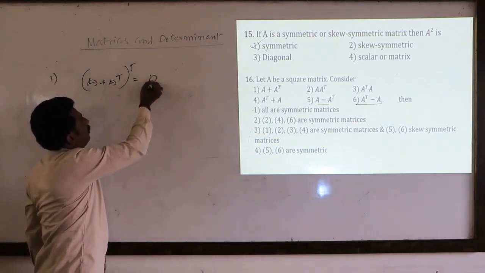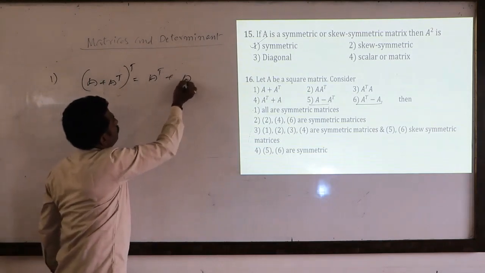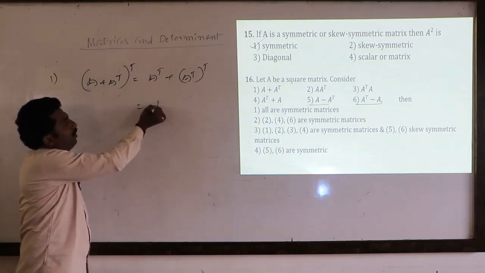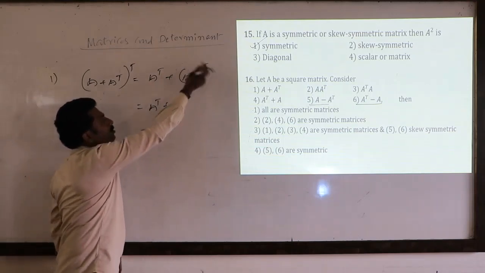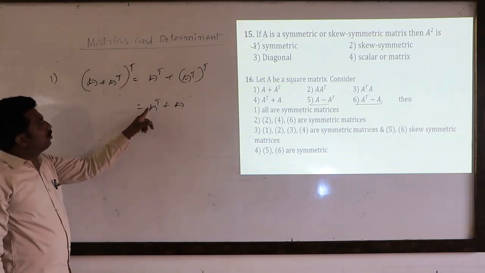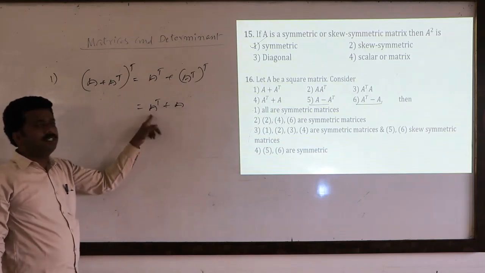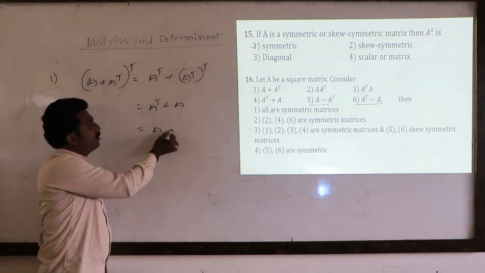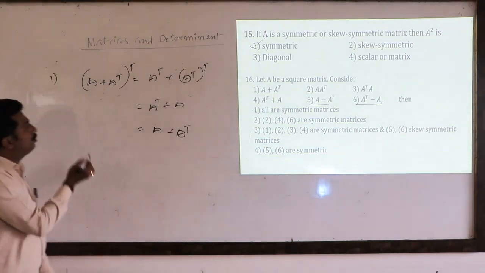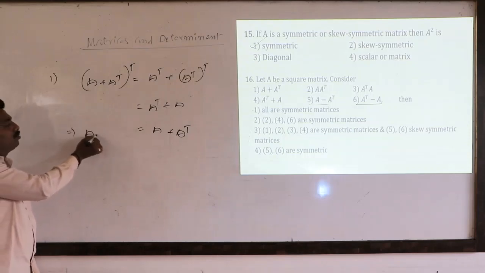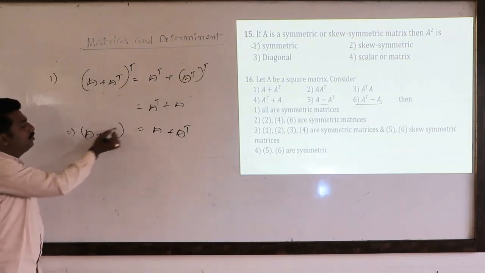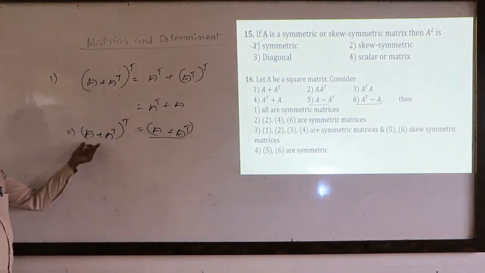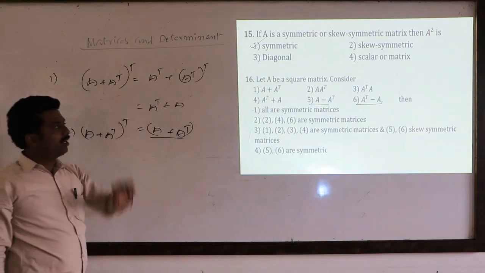Nothing but A transpose plus B transpose. So this is A transpose plus A transpose whole transpose, which means A. So A transpose plus A is commutative in addition, so we can write this as A plus A transpose also. See here, A plus A transpose whole transpose, again what we proved, A plus A transpose. So A plus A transpose is symmetric.